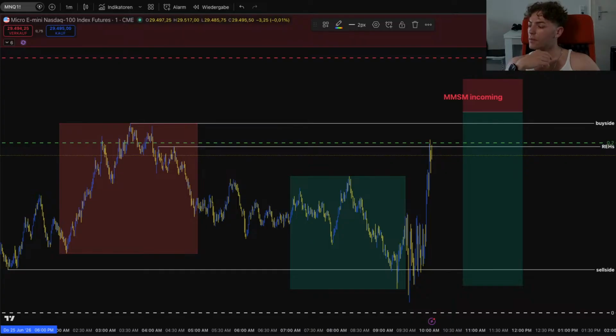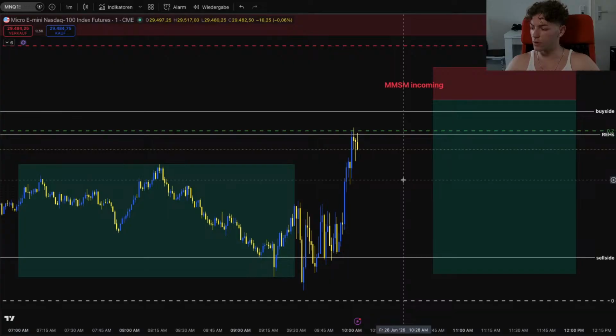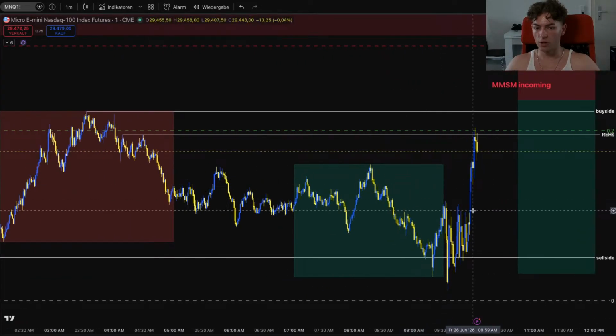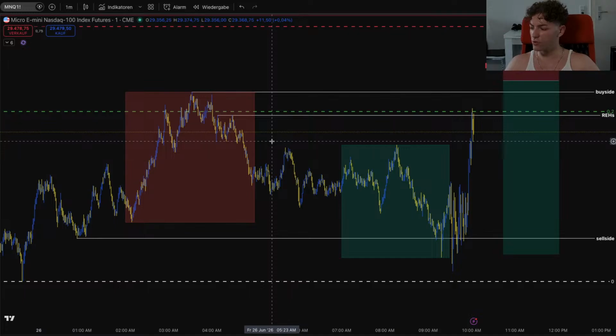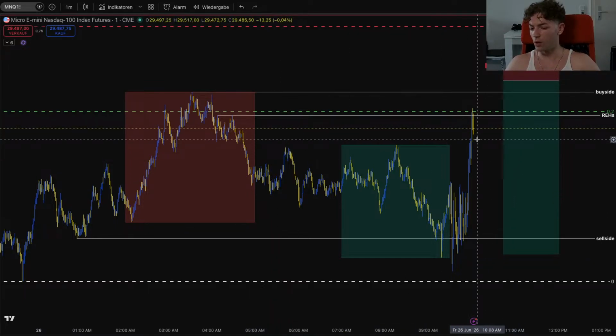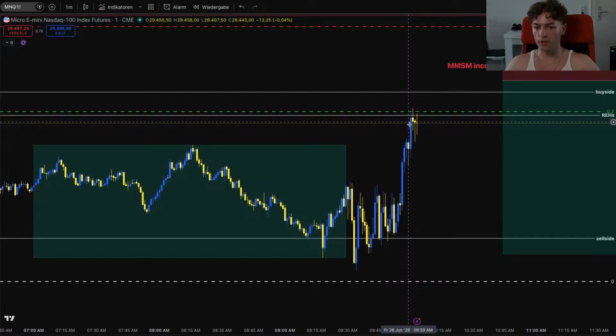What level is that? For example, you can look at my charts right now. The chart looks like this. We have overnight trading. What is overnight trading? Everything that happens before 9:30. When you are an American citizen trading the New York Open, it's at 9:30 in the morning.